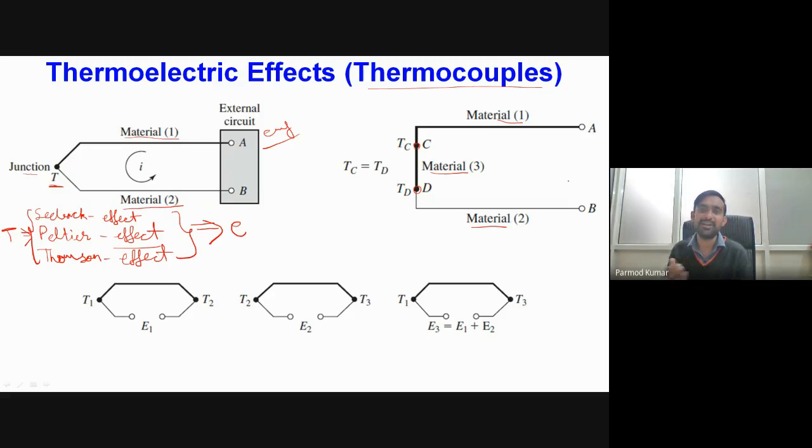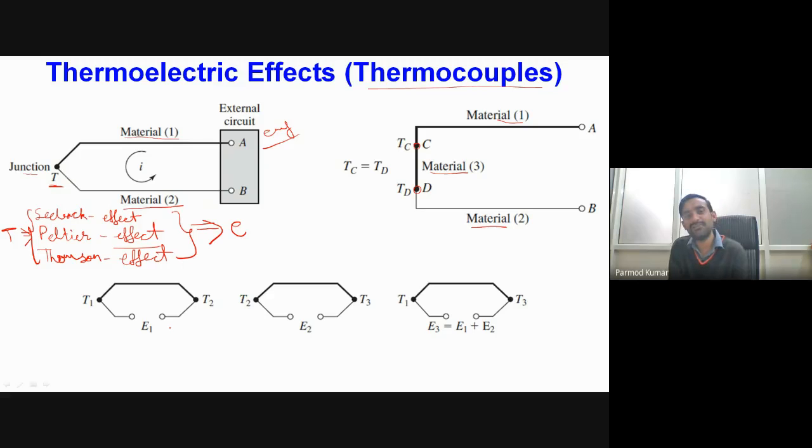In case the temperatures change at these two junction points, then obviously we will have certain EMF production within this wire also. In this arrangement also, particularly because of the Thomson effect, we will have some alterations in our output EMF.